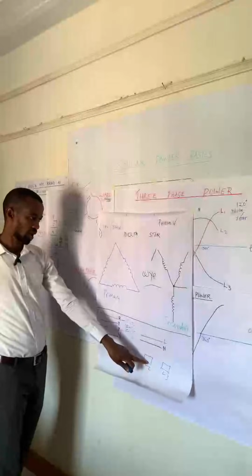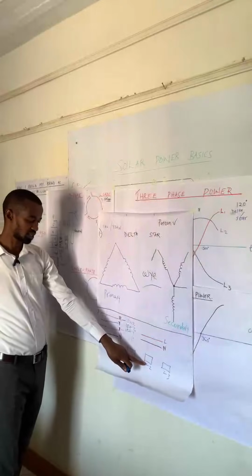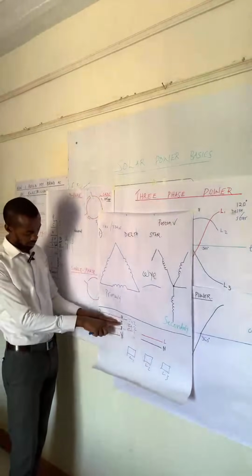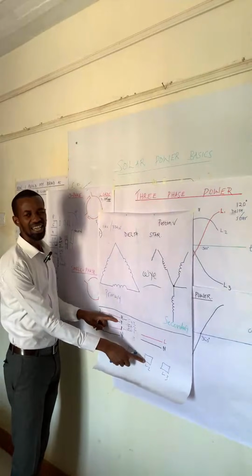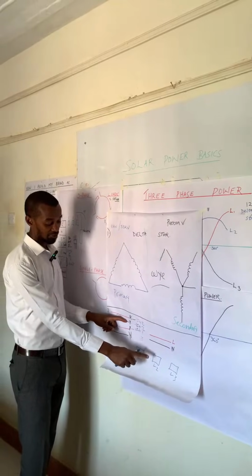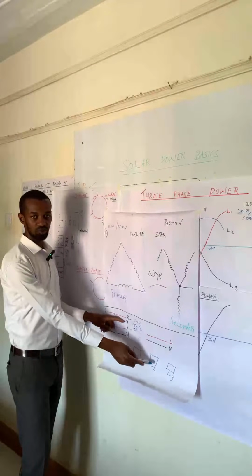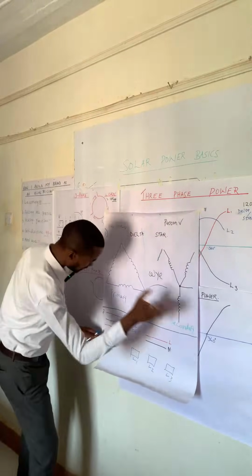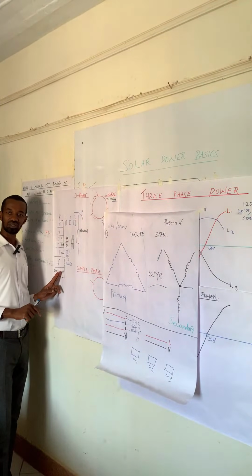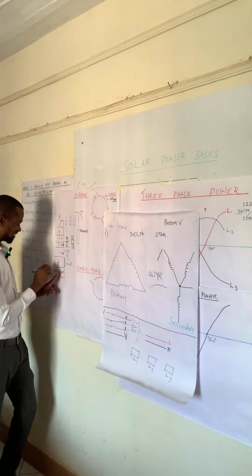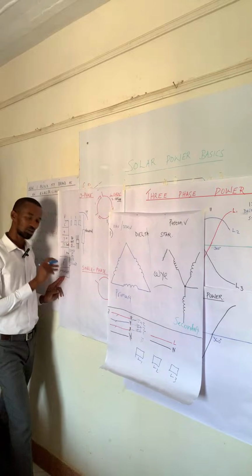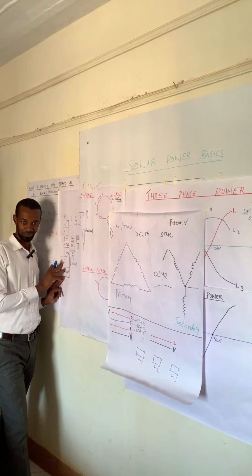If L2 blows up, this is the fuse at the transformer L2, and this is definitely the Y phase. It means that everyone that is connected to that phase will not have power because the fuse is blown, and that definitely translates to anyone connected to this phase whose fuse has blown to remain in darkness.